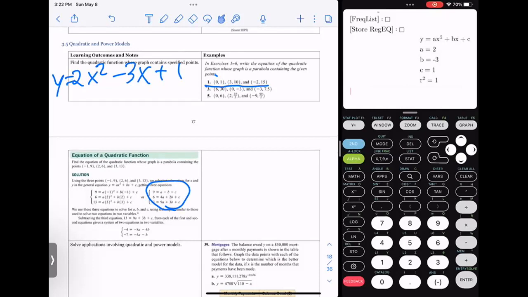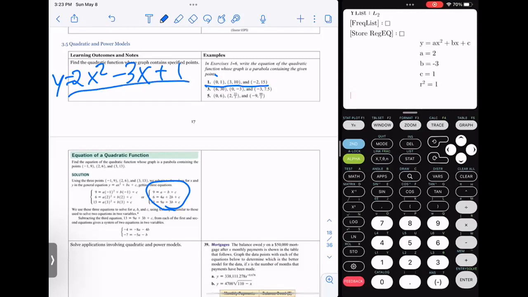This is a quadratic that's been drawn. You can't really draw on the TI-84, but if you look here, it says y equals ax squared plus bx plus c. It says a is 2, b is -3, and c is 1. That's why I said 2x squared minus 3x plus 1. Over here is the final answer.